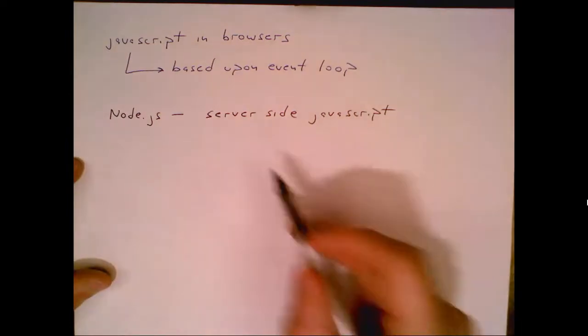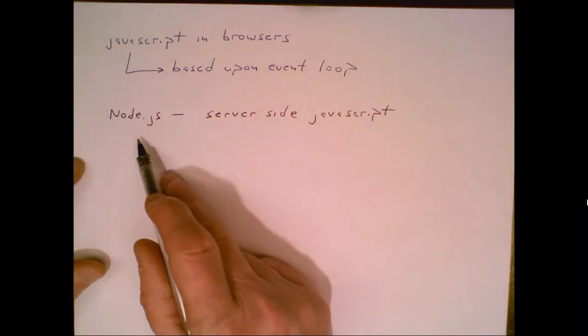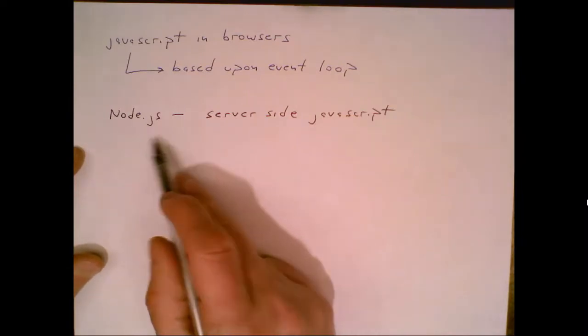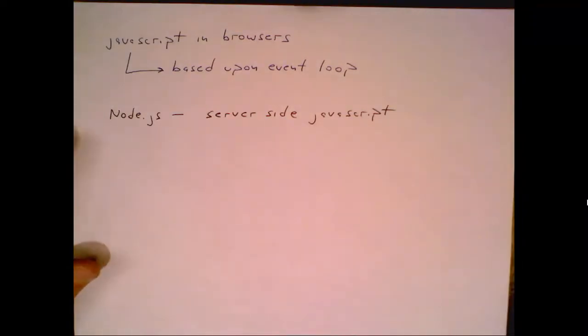And on the server side, Google's actually defined Node.js, which is a JavaScript implementation developed to implement server applications, and again, it's explicitly built around an event loop.